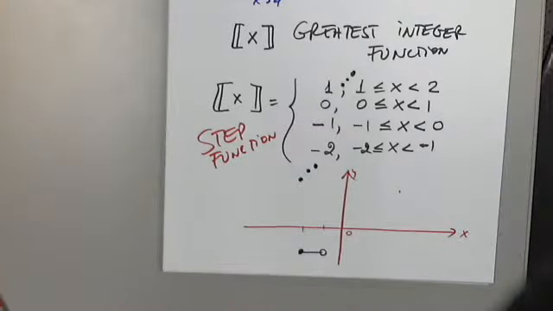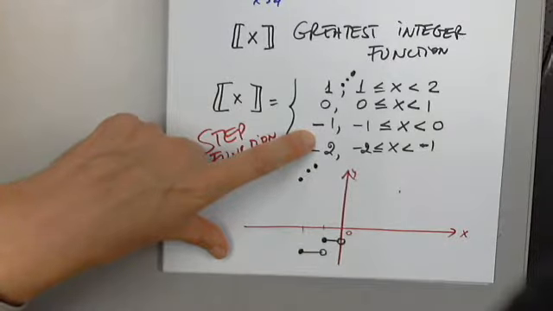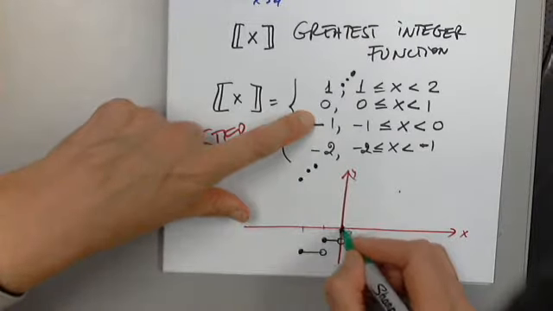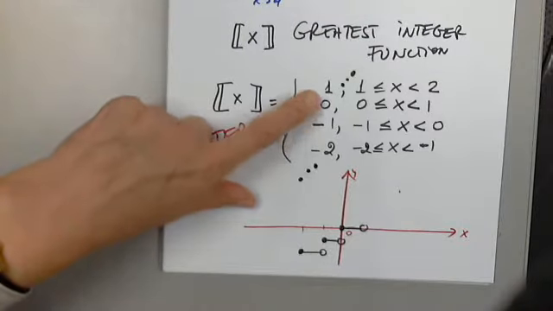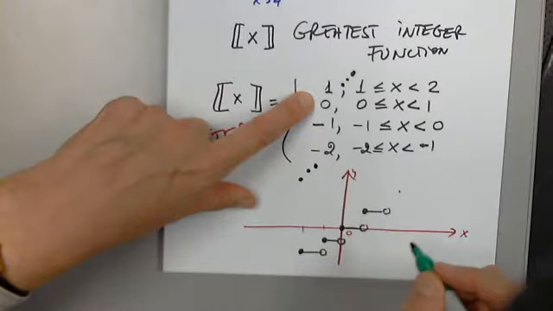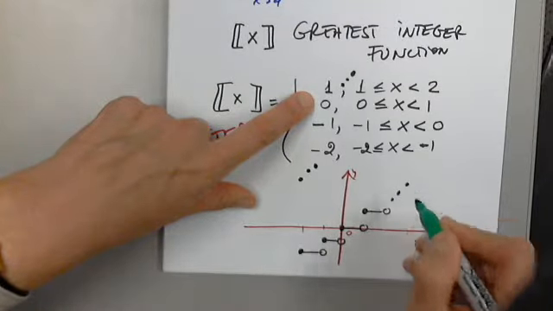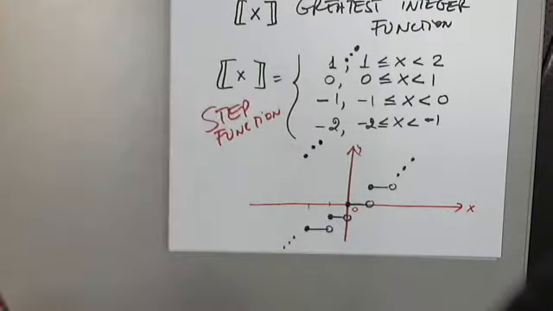Yes, but this is just the basic step function. So for -1, full point and open at 0. And then full point at 0 and open at 1. Full point at 1 and open at 2. And you put 3 dots, exactly 3 going up and exactly 3 going down.